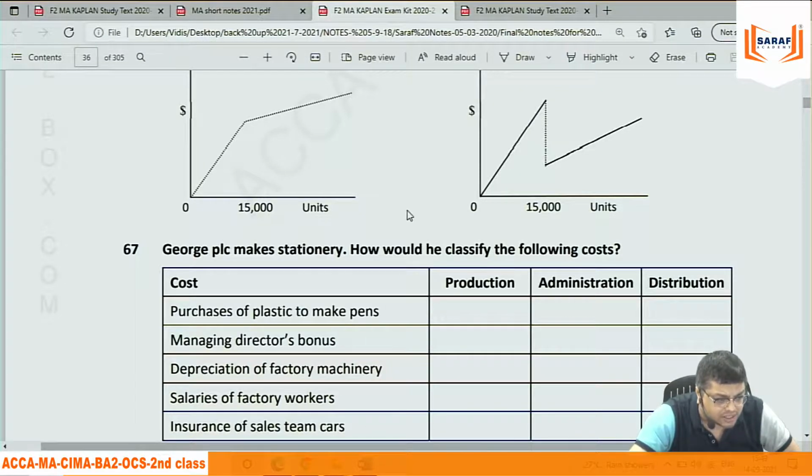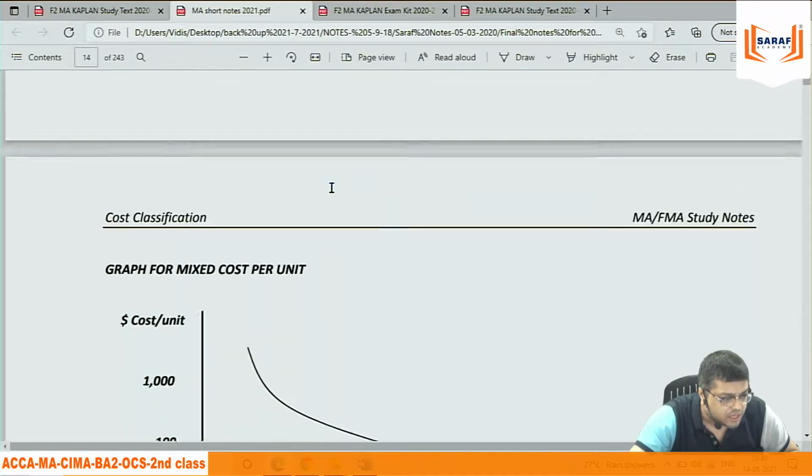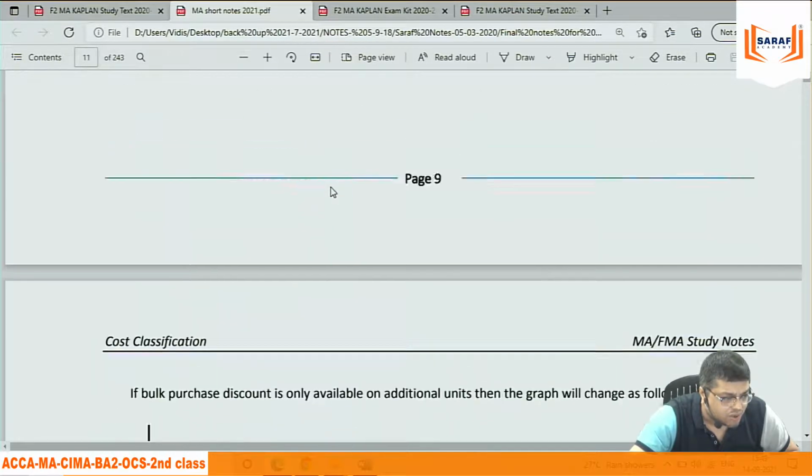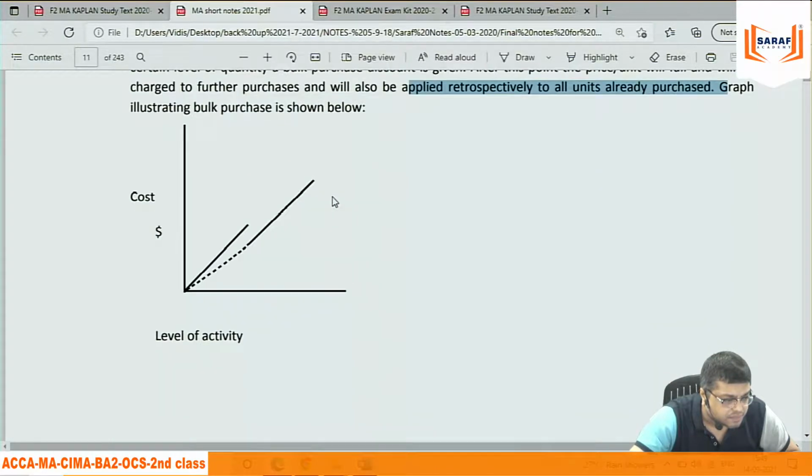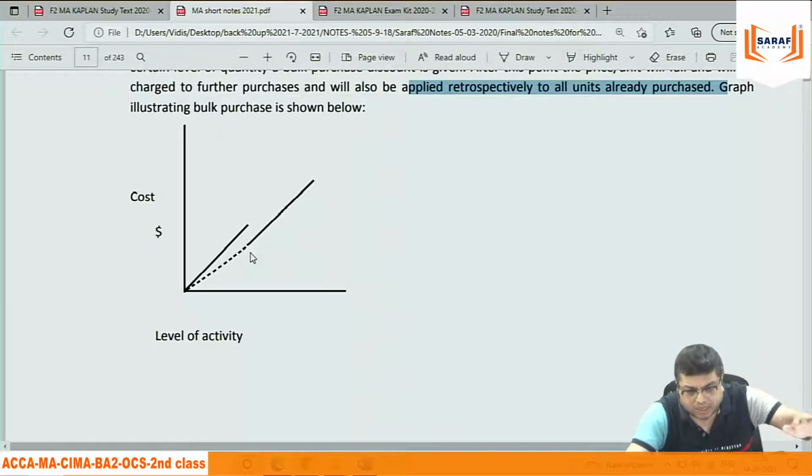As I said just now, one story is that up till 15,000 it is one cost and beyond 15,000 it is lower, with 15,000 the same. But this graph is what?